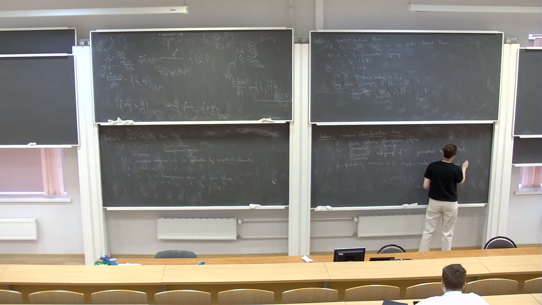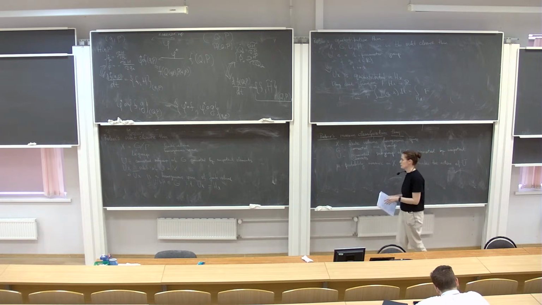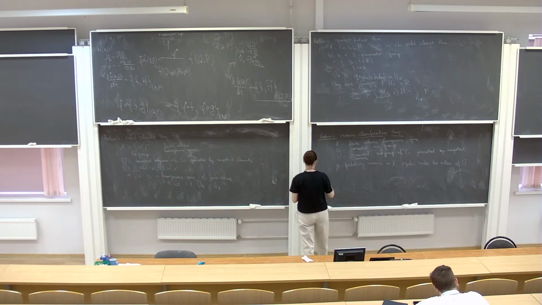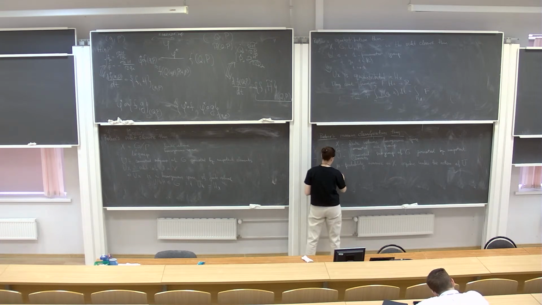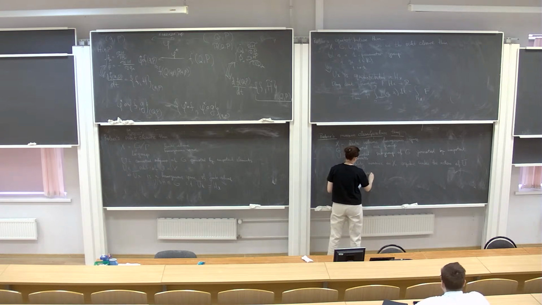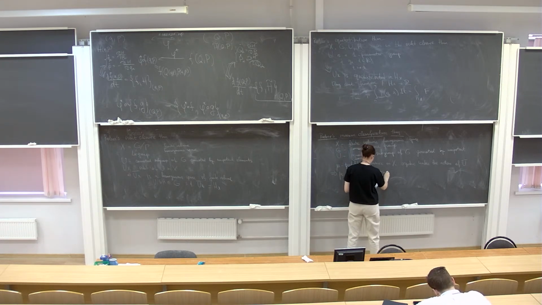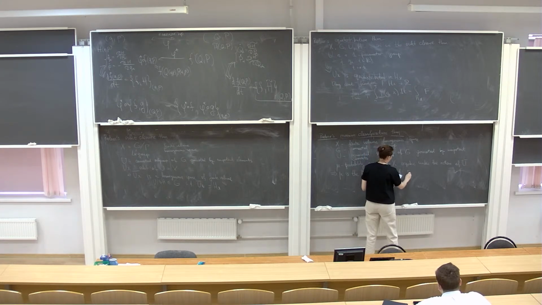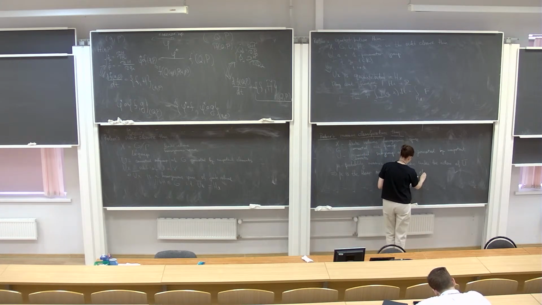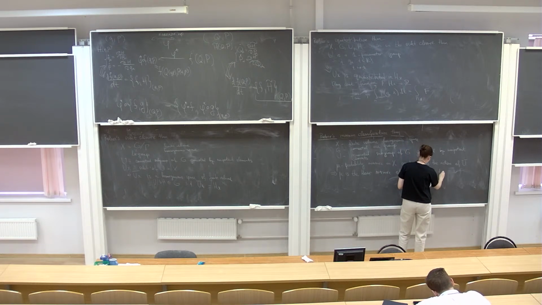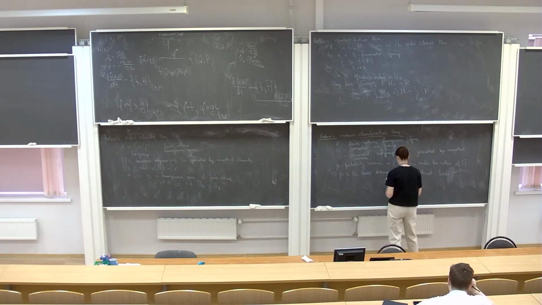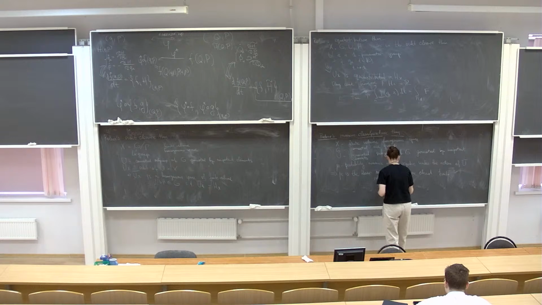Then it's nothing else but a Haar measure for some smartly chosen H, for some H which is in between.